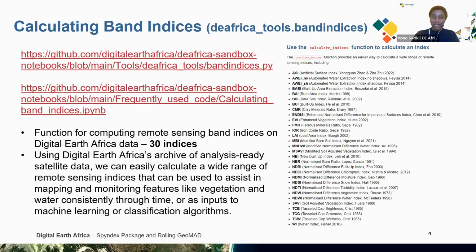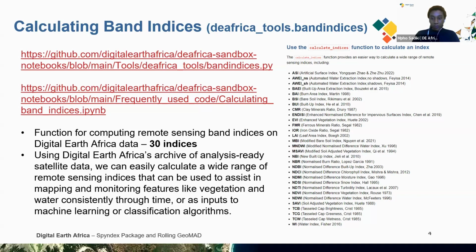And while I did say I will be taking you through the Spyndex package, I think it's important that we go through a different function first. For those who are familiar with it, you are able to compute indices using a function within the Digital Earth Africa tools called the band indices module. In the band indices module, there's a function called calculate indices, which consists of 30 indices that you can use to compute different indices within the Digital Earth Africa platform.